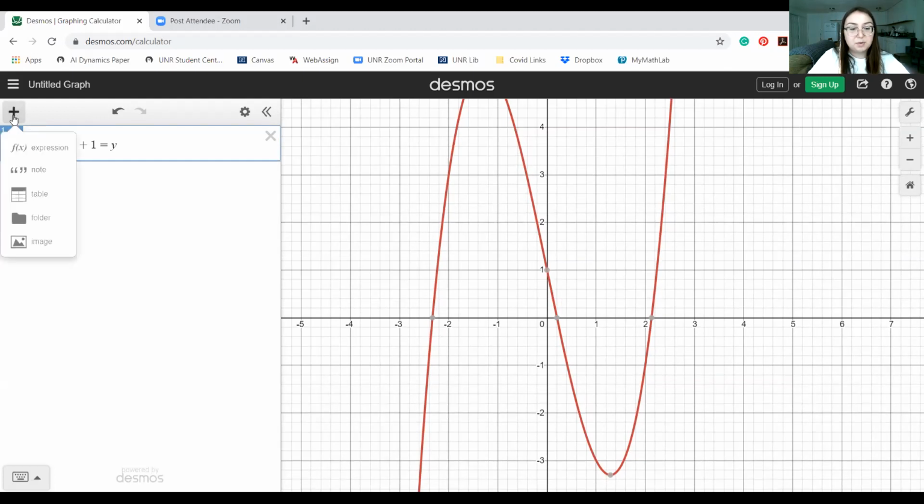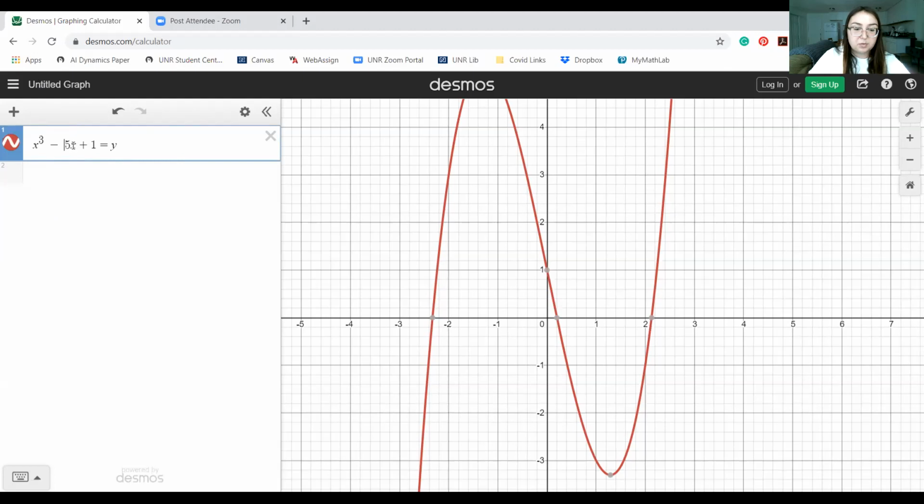You can set up tables. If you look here at the little plus button, you can put in expressions, notes, a table, a folder, or an image if you'd like. If you put in a table, it will plot all those points for you. Then you can toggle around with different values of things.